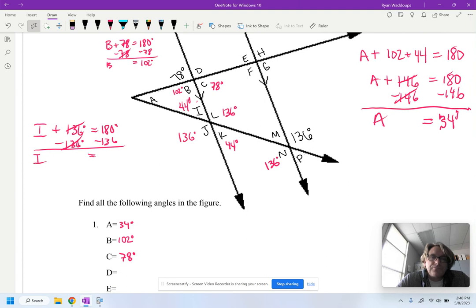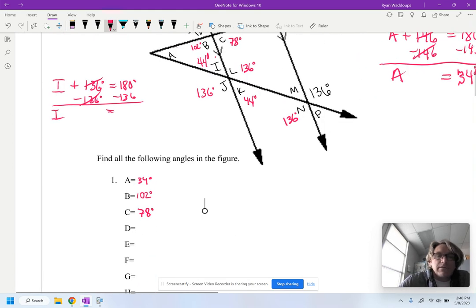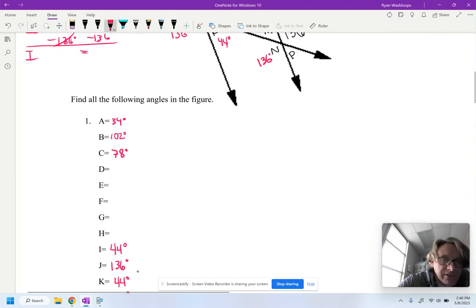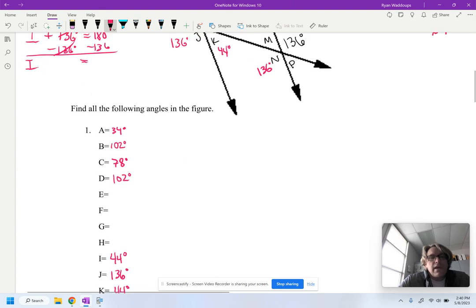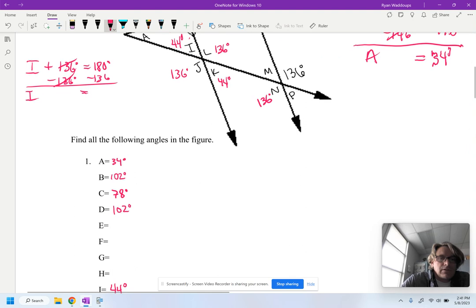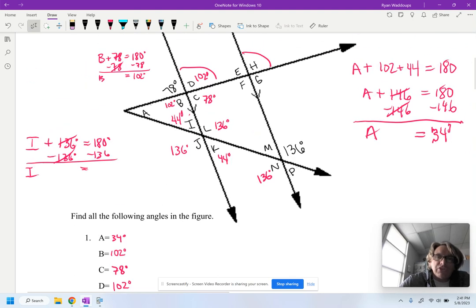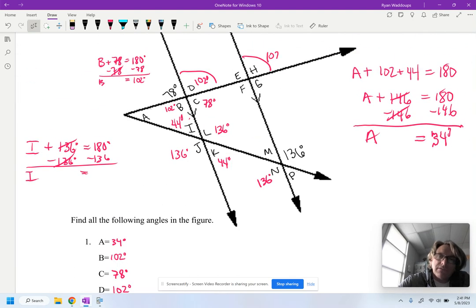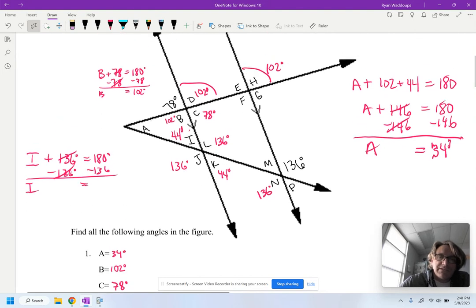Now, B and D are vertical angles. So D is also 102 degrees. D and H are corresponding angles. So that means that H is 102 degrees, since these are parallel lines.